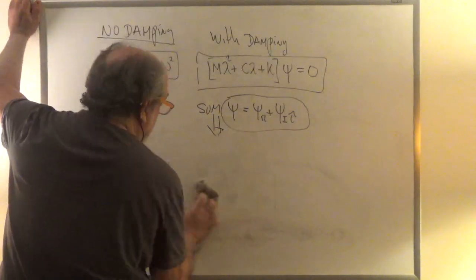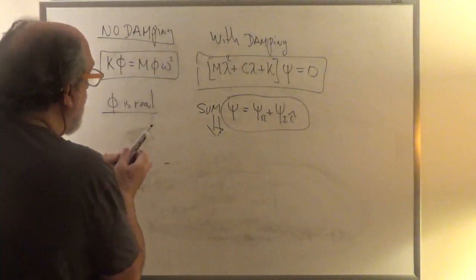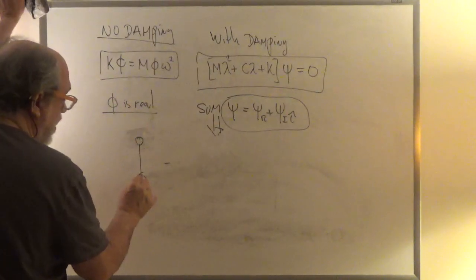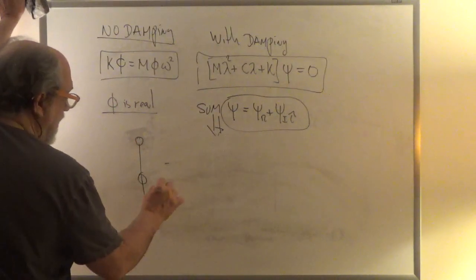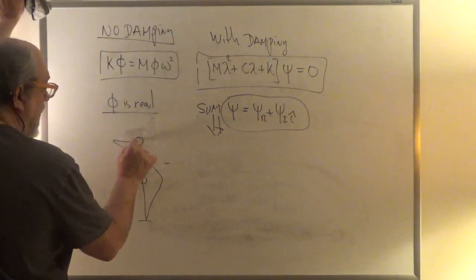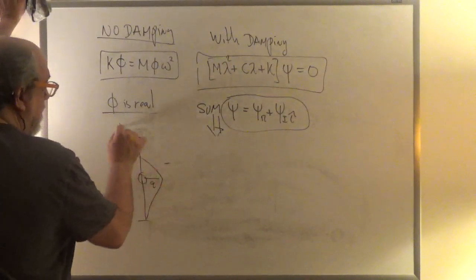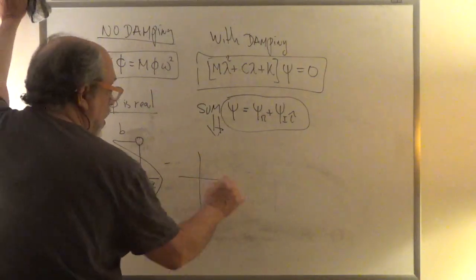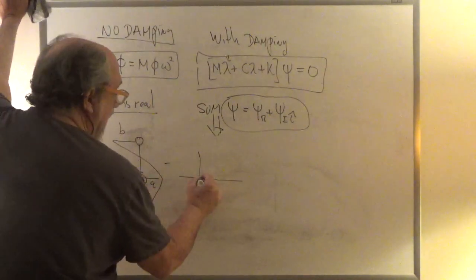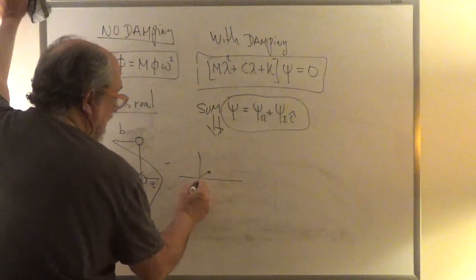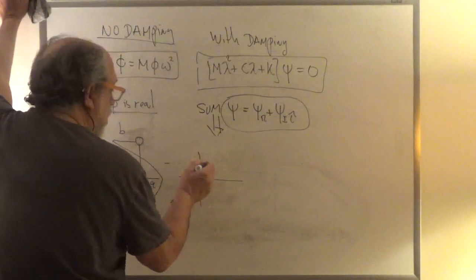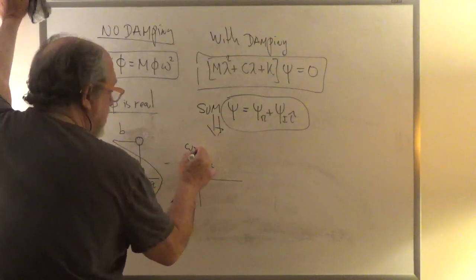In fact, if we were to look at not the first mode in the two-mass system, but the second mode, it would be this mass going to the right and this mass going to the left. So that could be A and B, and the frequency would be omega 2. In our circle idea, we would say that A is like this and B is like this, and they are rotating with a frequency omega 2.